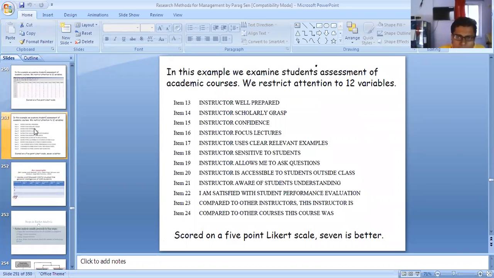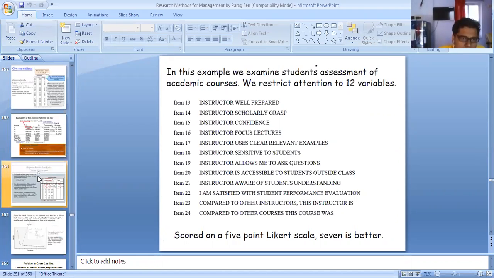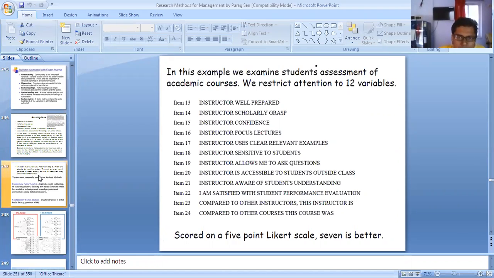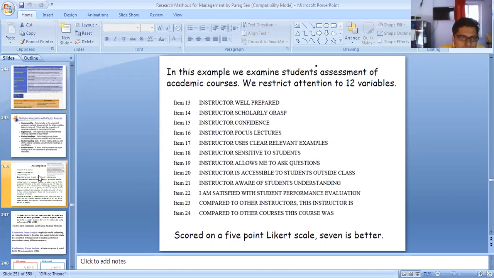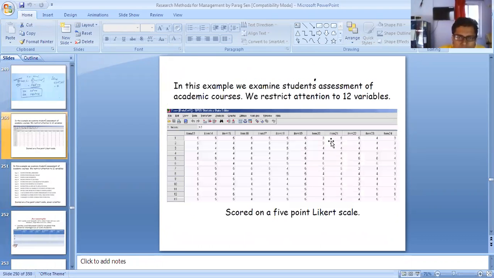Okay, so let's have a look at an example, that will be better. In this example we will use two examples. First, we examine students' assessment of academic courses.